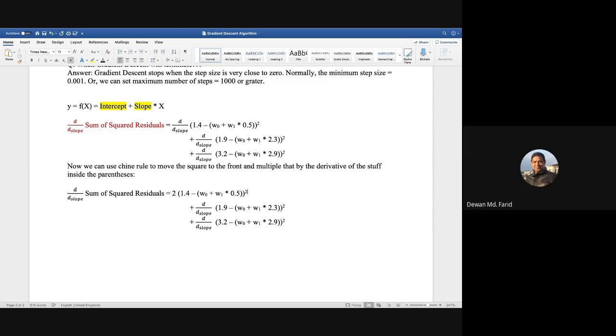So this square will be gone. Times, minus 0.5. Right, minus 0.5.